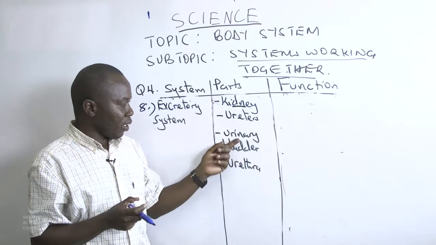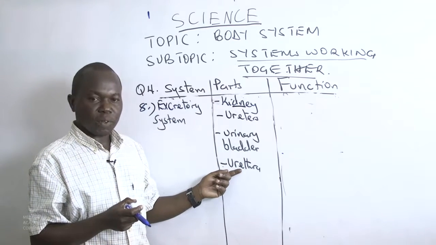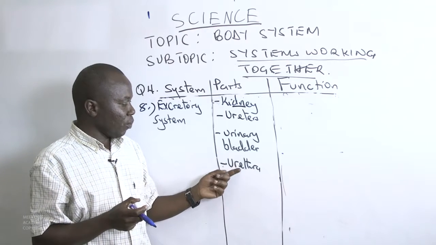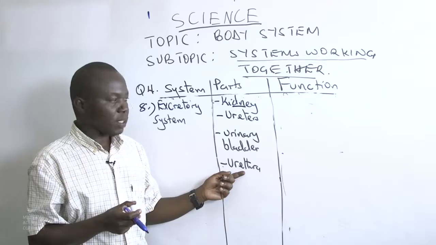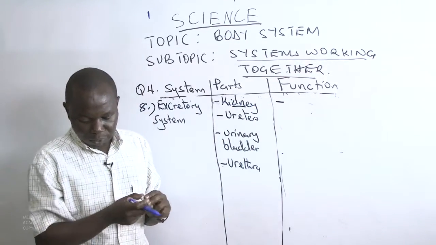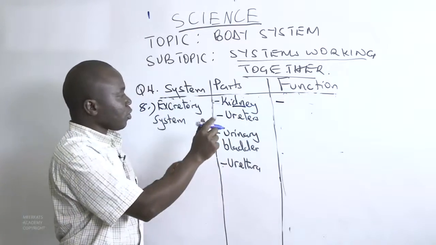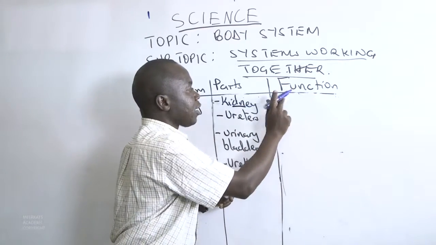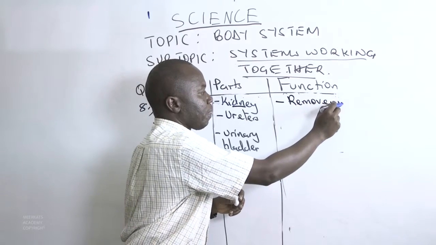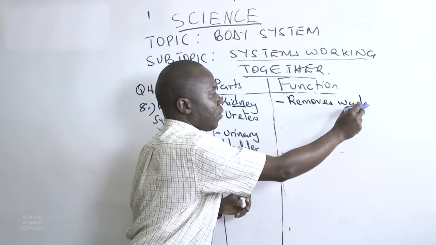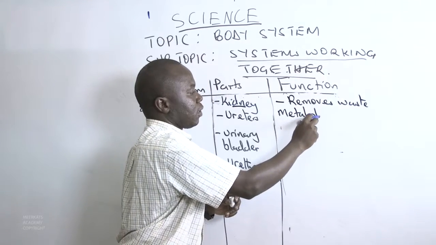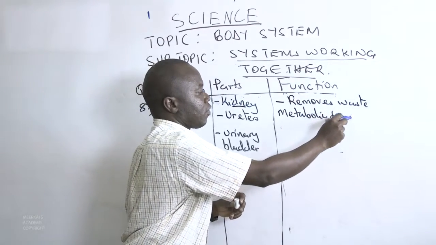When the urinary bladder is full or has reached maximum volume, urine will flow outside the body through the urethra. So the function of the excretory system is mainly removal of waste metabolic products from the body.